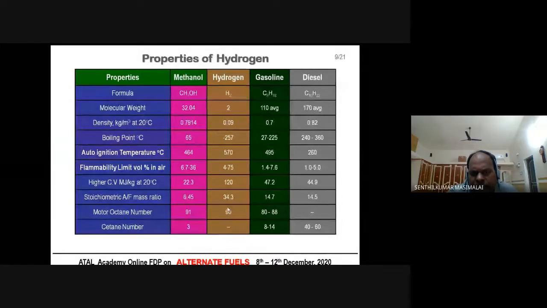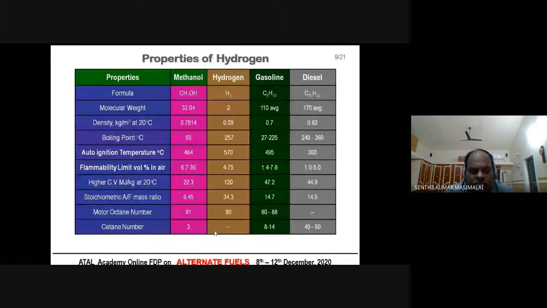That's why hydrogen should not be used in a diesel engine directly. If someone asks you, can we use hydrogen in a diesel engine, we can say no. Why? The important reasons are that hydrogen has a very high self-ignition temperature, so we cannot ignite hydrogen in a diesel engine, and hydrogen has a very low cetane number.